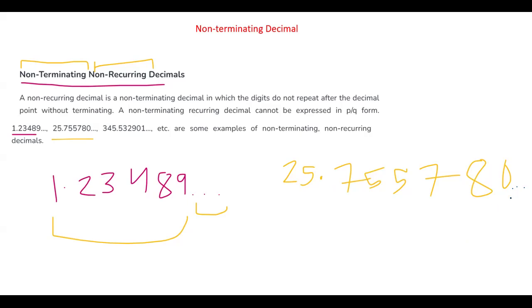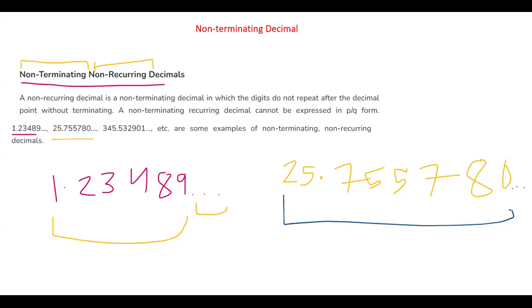So the digits are not ending anywhere, so we will say it is non-terminating. Also we can see that after the decimal we have 7.55780, which are not repeating. None of the digits are repeating here. So we will say it is a non-terminating non-recurring decimal.